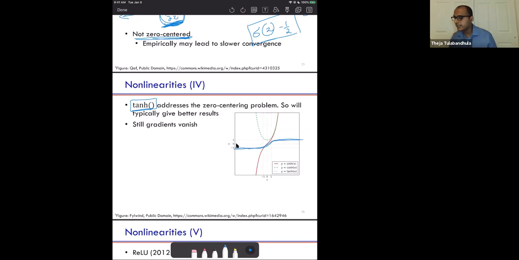So this is the tanh function, and you can see that it almost looks like a sigmoid, with the saturation aspects here, but it is centered around 0, and it goes from 1 to -1, right?